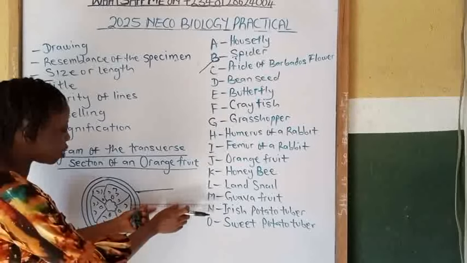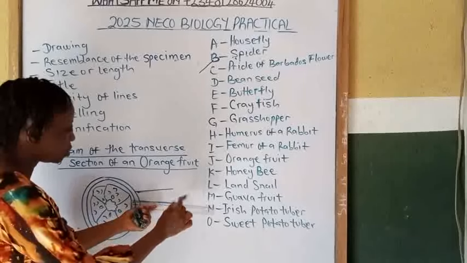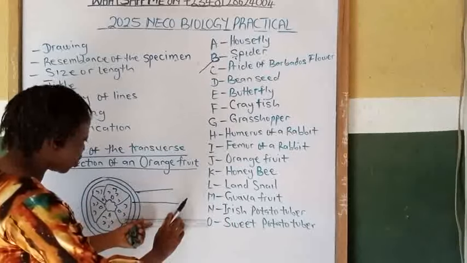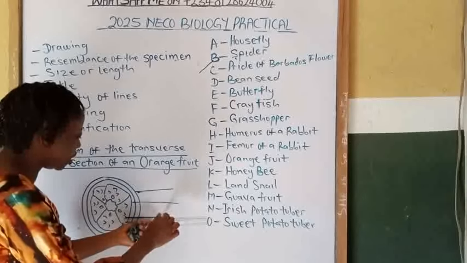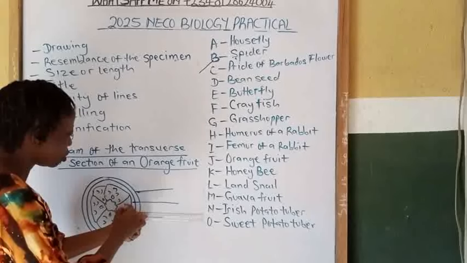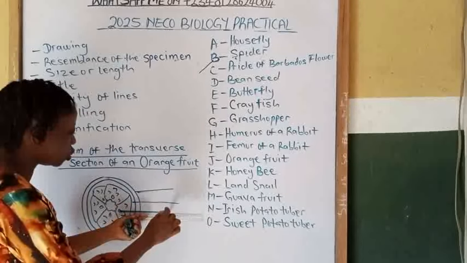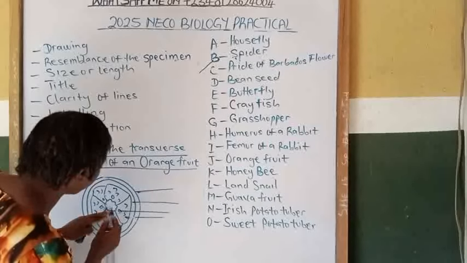Then the next layer that you want to label, you place your ruler. Then another layer is this. You place your ruler on it. Then I want to label the seed. You place your ruler on it. Then I want to label the circle at the middle.